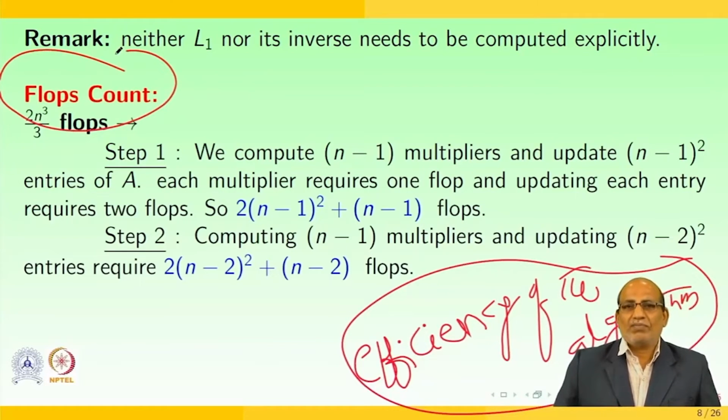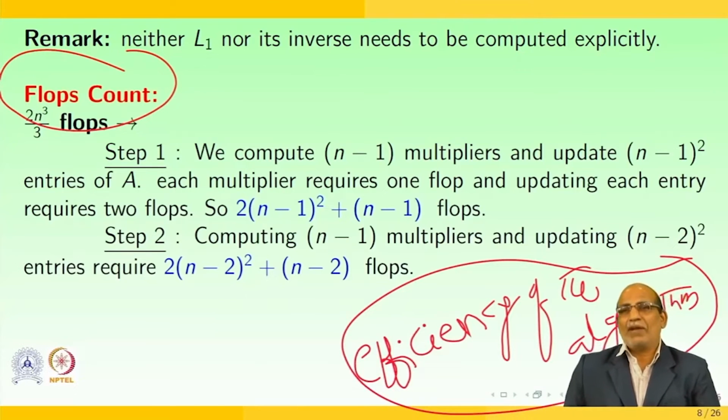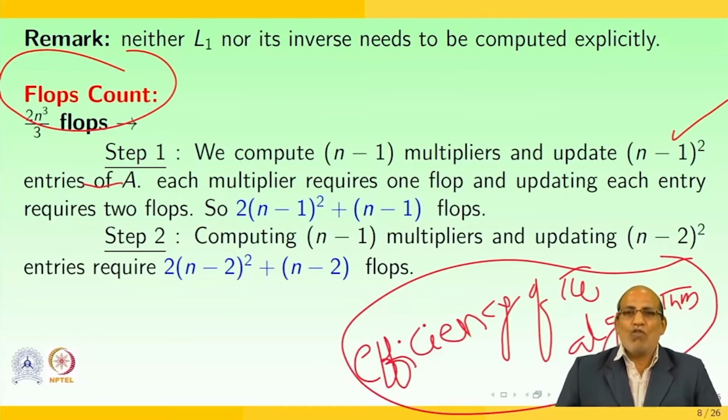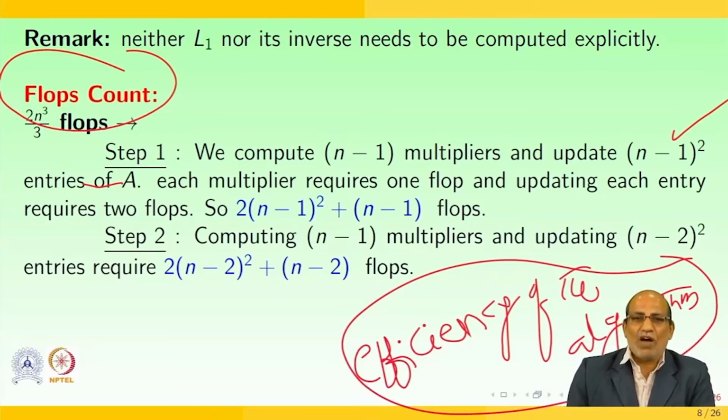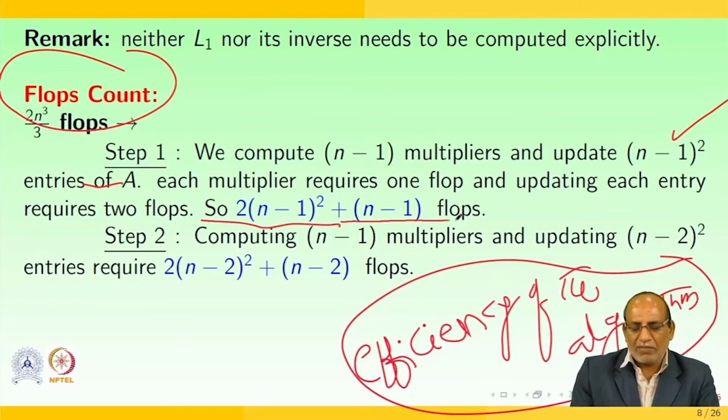Step 1. We compute n-1 multipliers and update n-1 square entries of A. Each multiplier requires one flop and updating each entry requires 2 flops. So obviously we do have 2 times (n-1) whole square plus (n-1) flops.